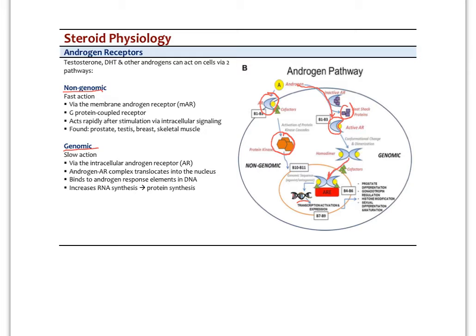So it's going to stimulate via intracellular signaling different effects on increasing androgenic activity within that cell. This non-genomic pathway has been found in the prostate, the testes, breast tissue, and skeletal muscle. So those are the 2 primary pathways. Again, the classical pathway is what we usually think about with the androgen receptor working intracellularly, but there is this cell surface androgen receptor which has non-genomic actions as well.